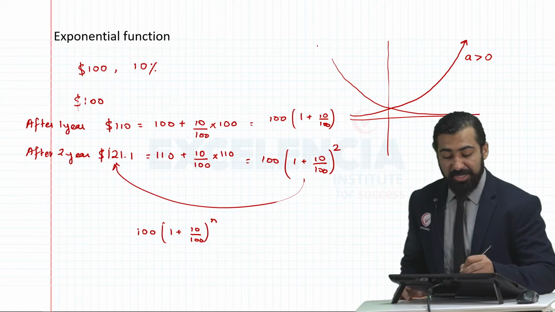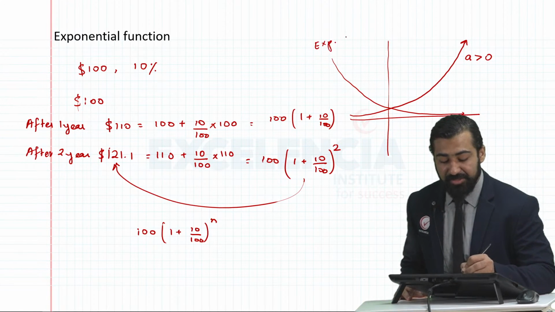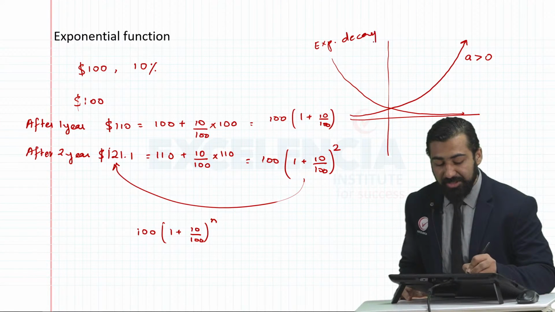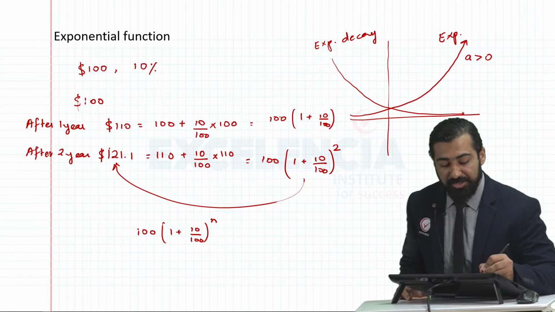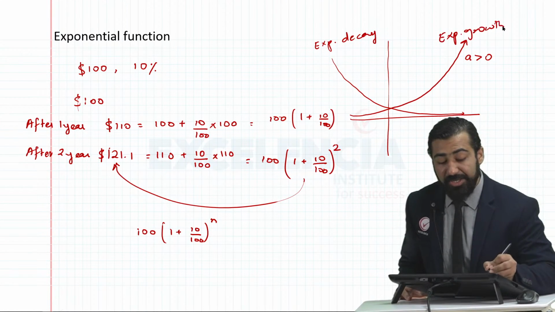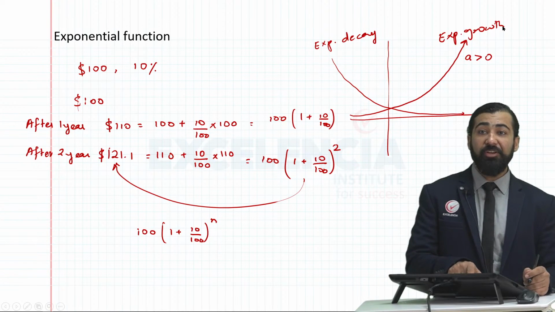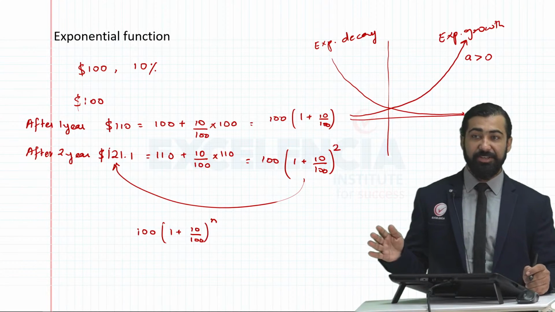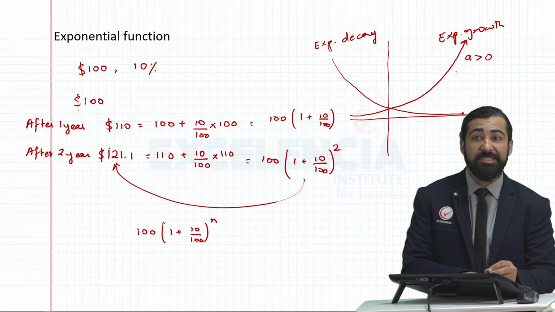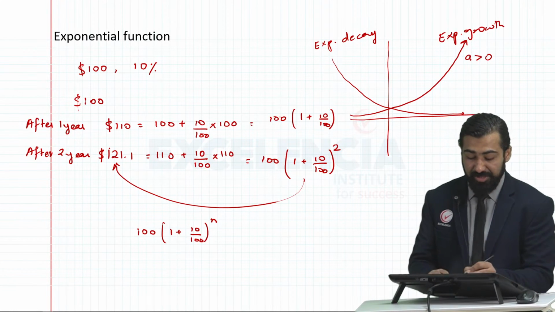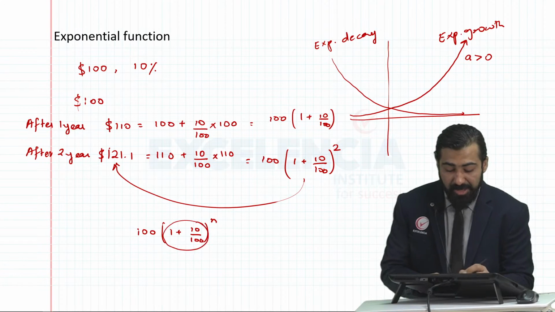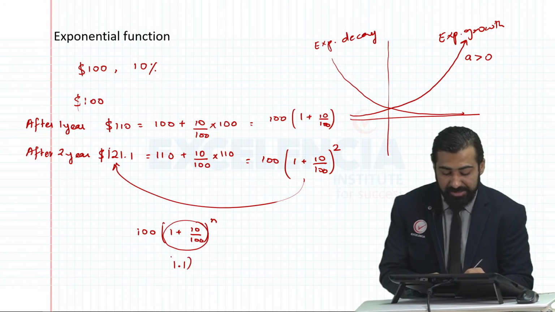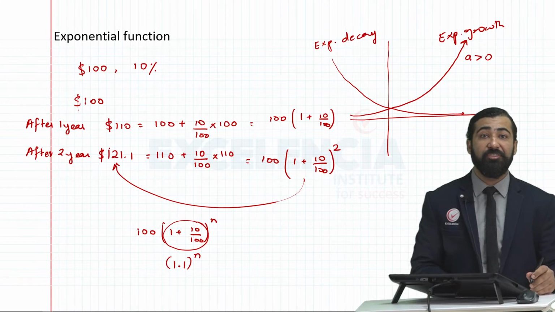Such a function is called exponential decay. Whereas this is your exponential growth. Exponential decay happens if the value of the factor is smaller than 1, between 0 and 1, and exponential growth happens if the value of the factor is greater than 1. In this example, my factor is 1.1. When I simplify, I'll get 1.1 to the power of n.